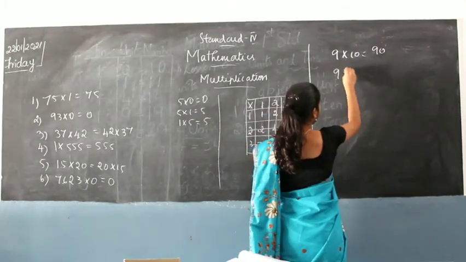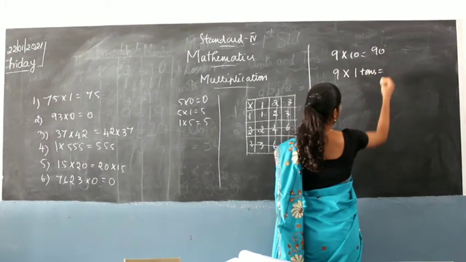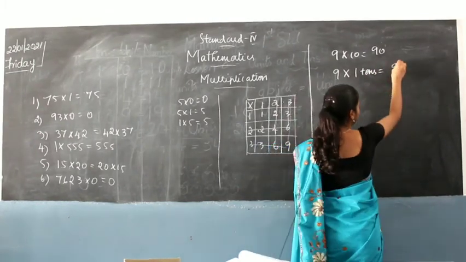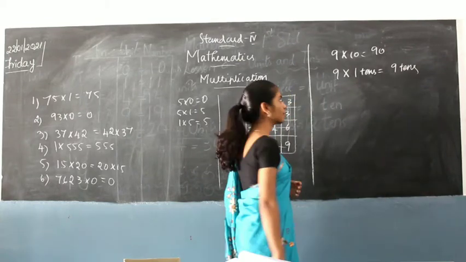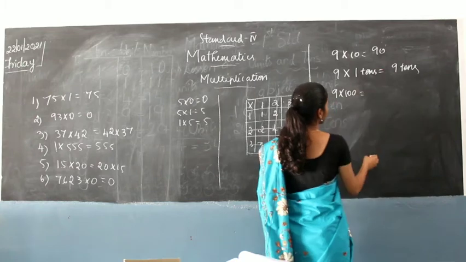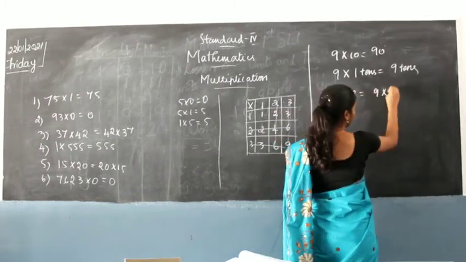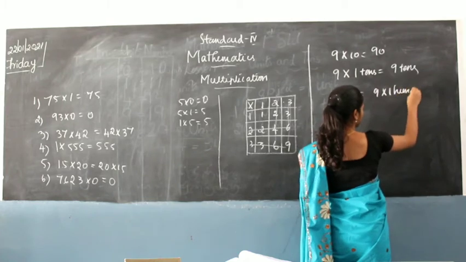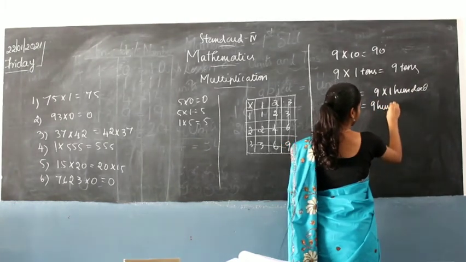So 9 into how many tens are there? 1 ten gives you 9 tens. Okay, for example, if you have 9 into hundreds, so this is equal to 9 into 100, which means 900.